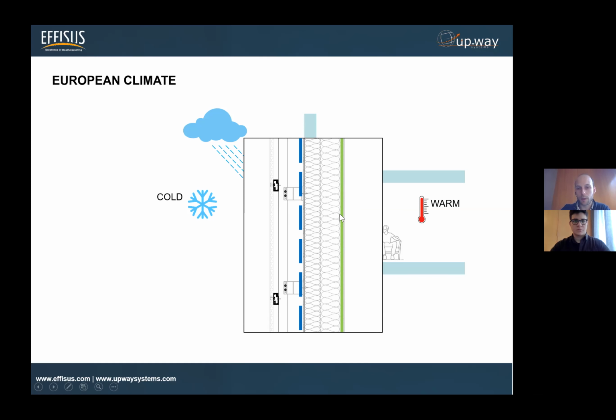Another thing that is important to mention regarding VCL installation on the inside is, of course, taking care of any interfaces and connections, as any air leakage could turn into important thermal losses.